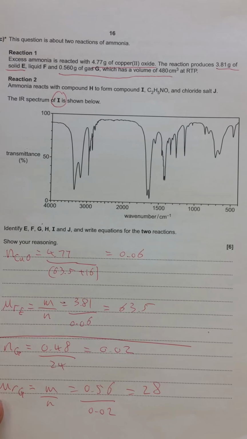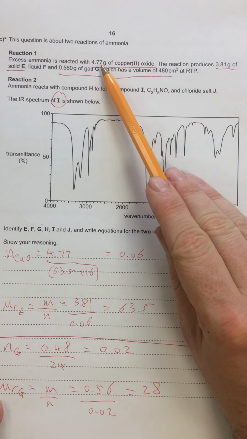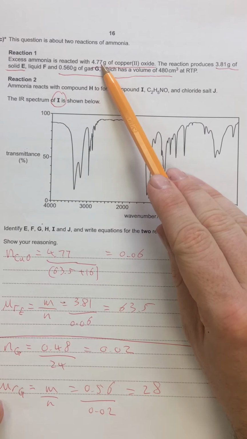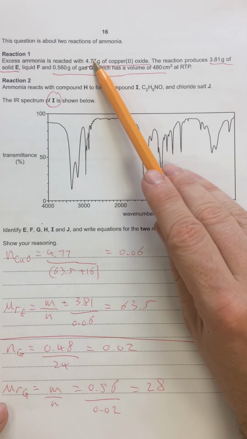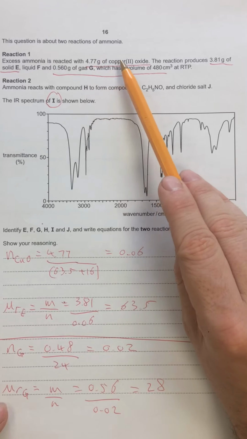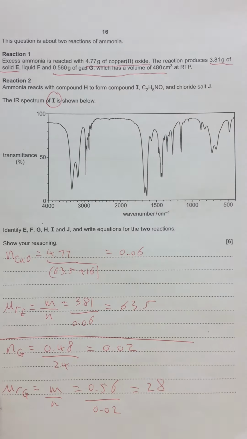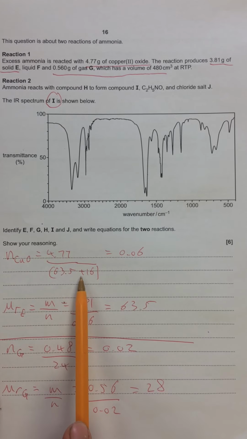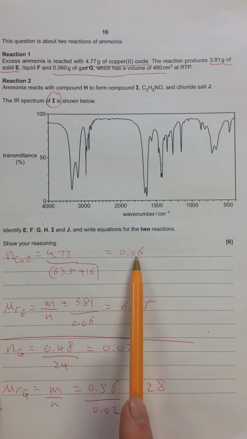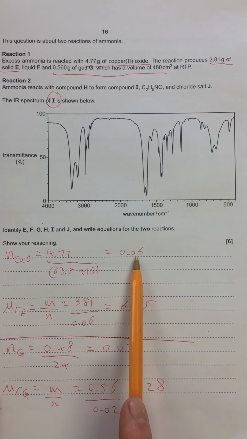So using the moles data, whenever you're given the mass of a known chemical, you can always find the moles. So that for me would always be the first thing I do. We're given the mass of a known chemical, let's just find its moles. So we're going to do moles equals mass over Mr to give us this number of moles here.